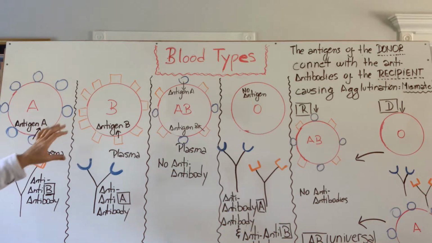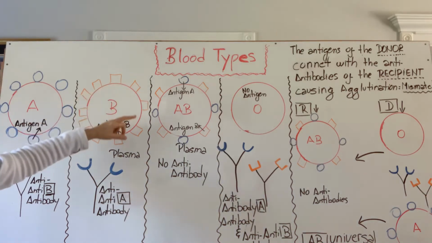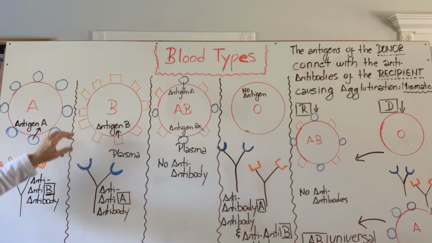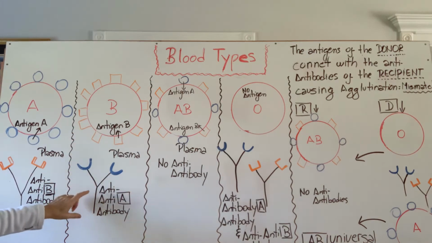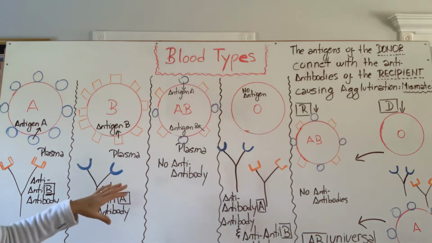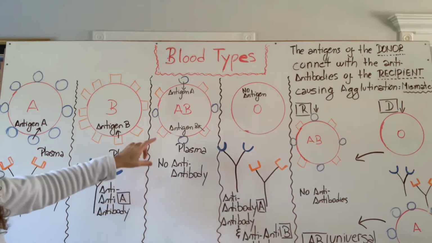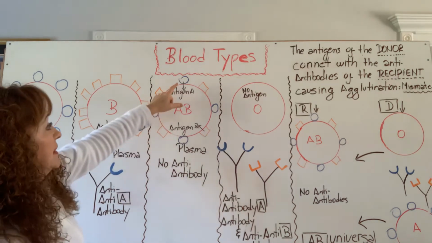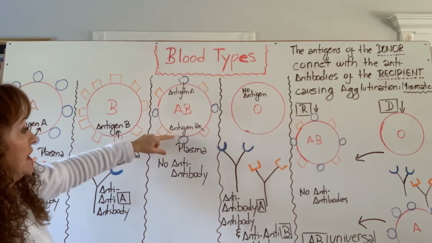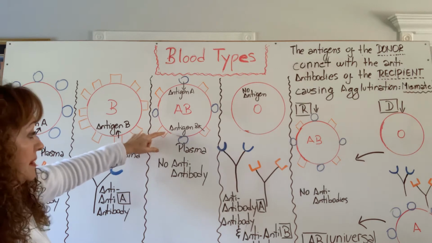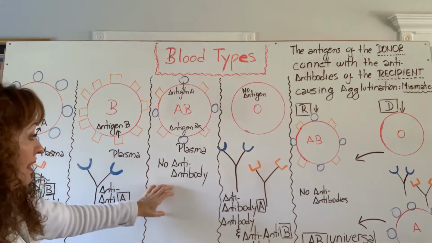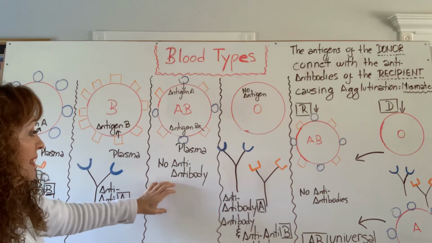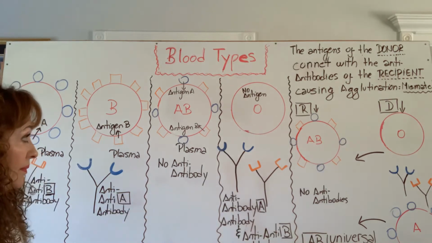In the type B, where the patient has antigen B, this patient develops anti-A antibody in plasma. In the type AB, the patient develops antigen A and antigen B on the surface. But in plasma, this patient doesn't develop any type of antibody.